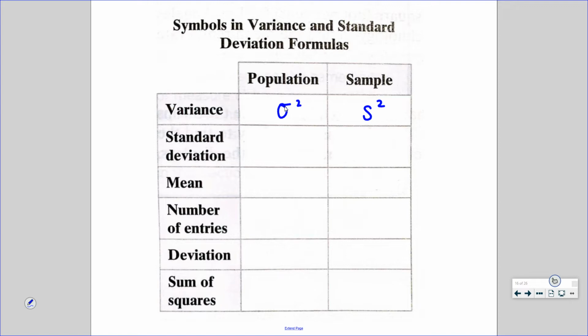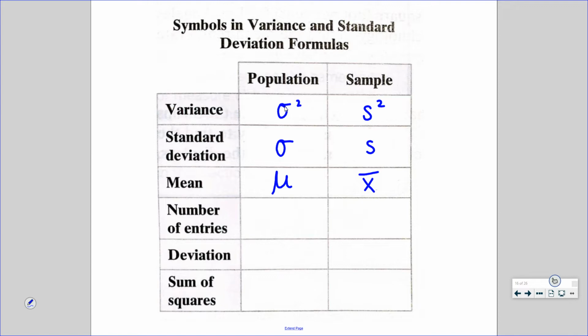Standard deviation, since it's just the square root of variance, is sigma for a population or just s in the sample. For mean, we use mu when we're talking about a population, x bar when we're talking about a sample.